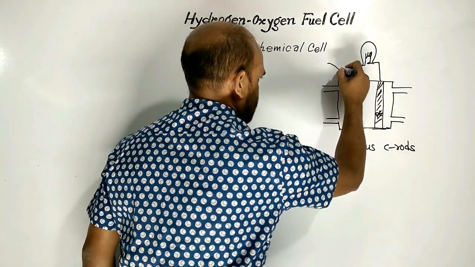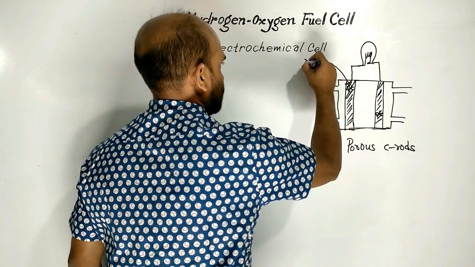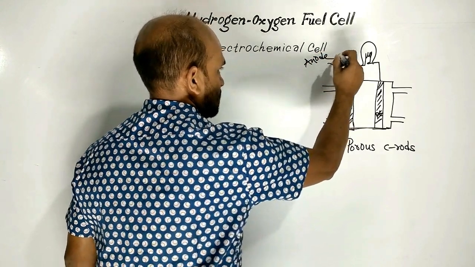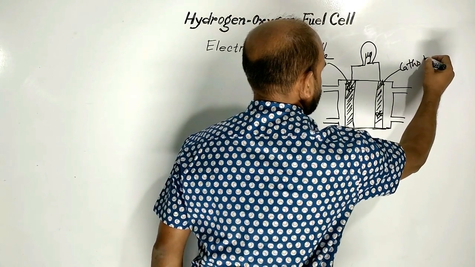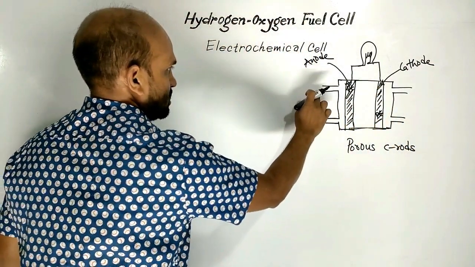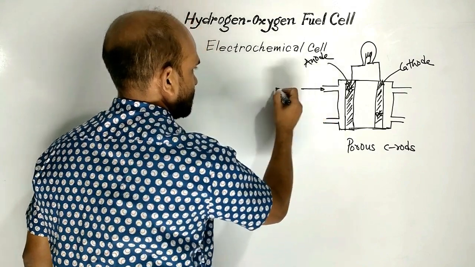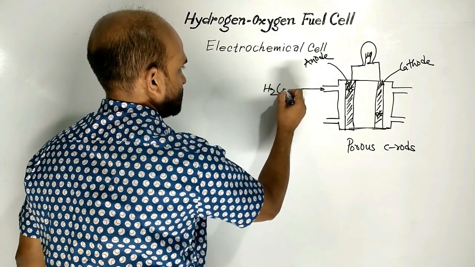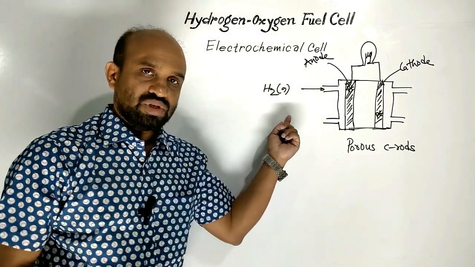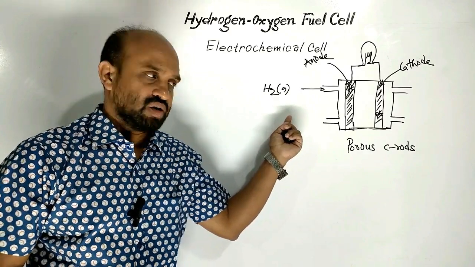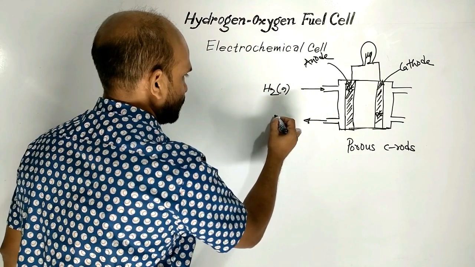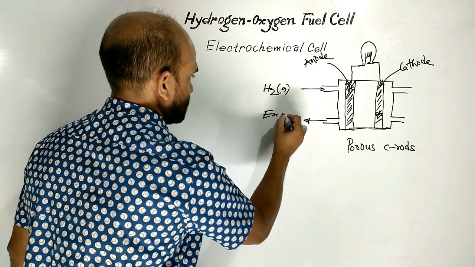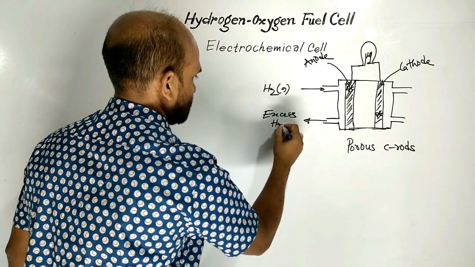This electrode acts as anode. This one acts as cathode. This is inlet for hydrogen gas, which here acts as fuel. This is outlet for excess hydrogen gas.